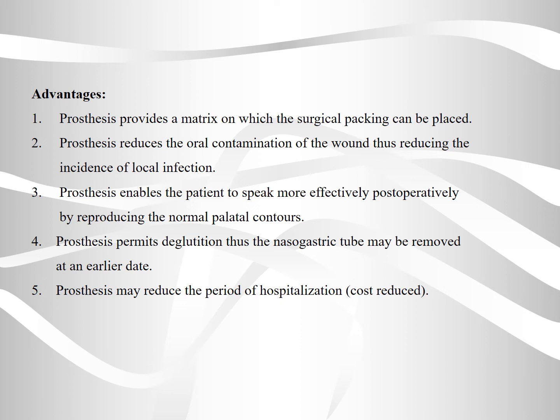Prosthesis enables the patient to speak more effectively post-operatively by reproducing the normal palatal contours. Prosthesis permits deglutition, thus the nasogastric tube can be removed at an earlier stage. Prosthesis may reduce the period of hospitalization.